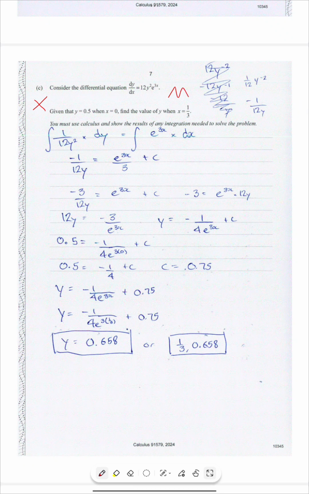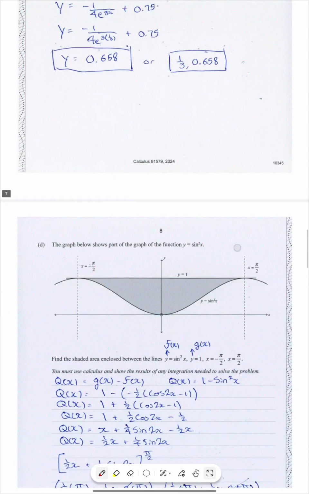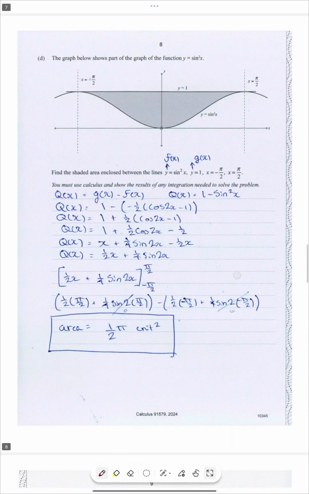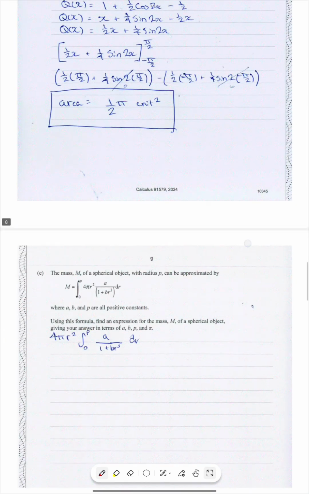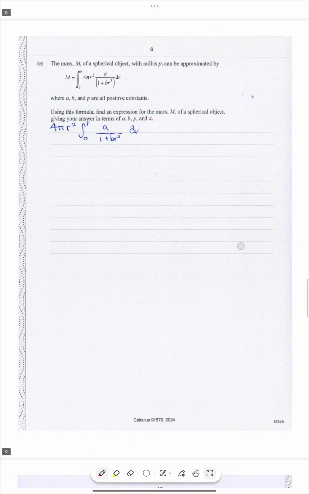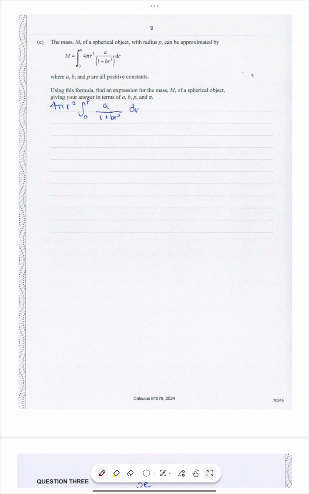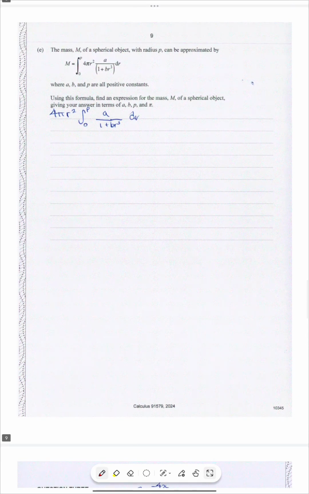You need the merit exemplar. And 2D is correct. Now, there is no answer for 2E in neither the excellence nor merit exemplar, and I'm going to quickly show you how to do this one.